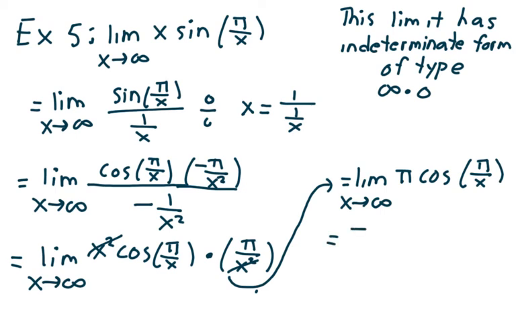So the answer is pi, because cosine of 0 is 1, and pi over x will go to 0 as x gets large. So that's a really good one, and this is really the main idea there. So that's example 5.